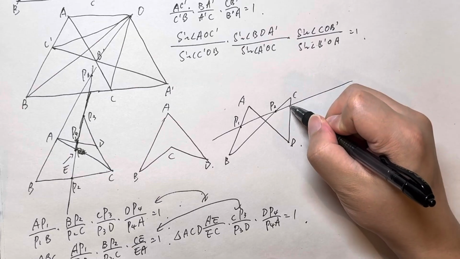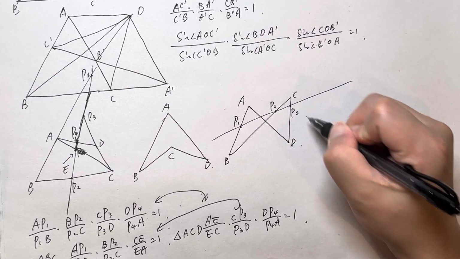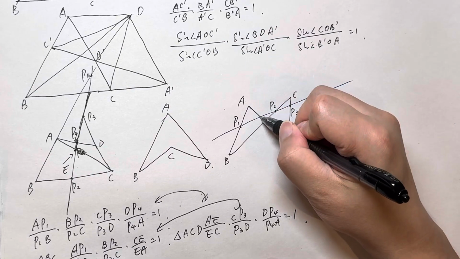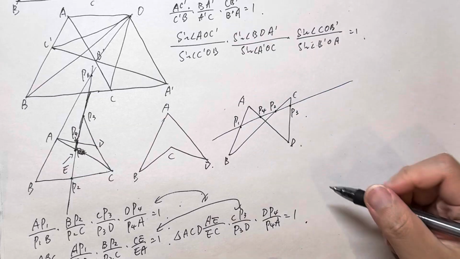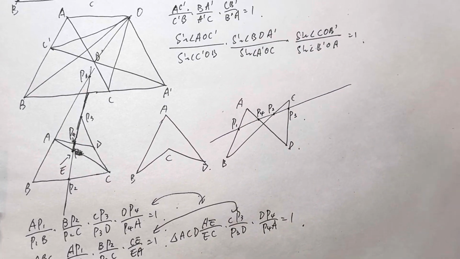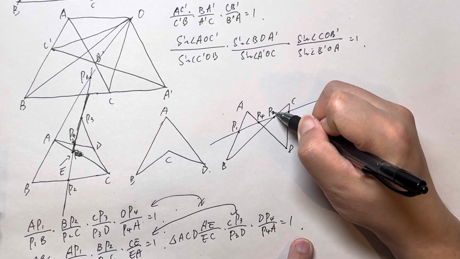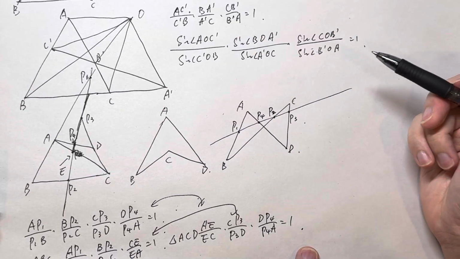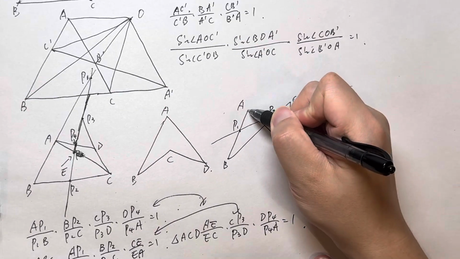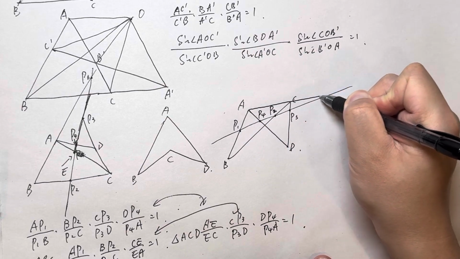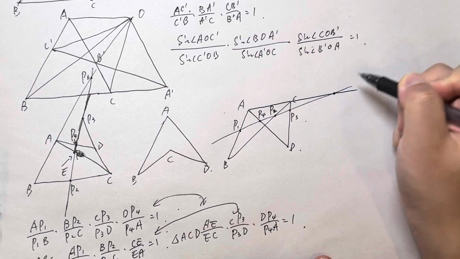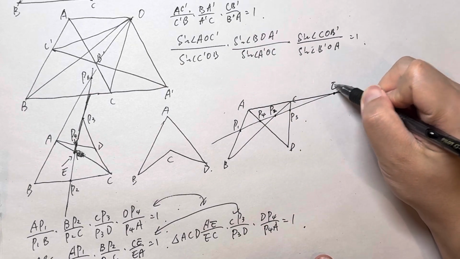For CD, this point is P3. For DA, this point is P4. Right, this is P2. So it's the same. Just connect the AC and meet this line on a point. Let's call it E.